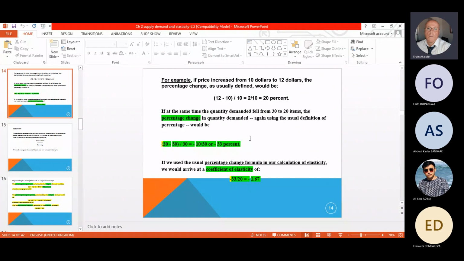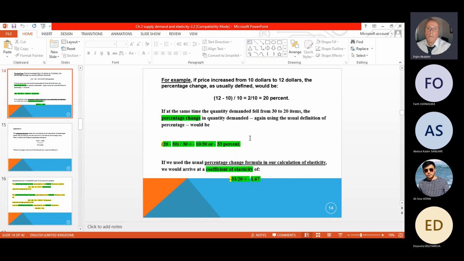The percentage change in quantity demanded, again using the usual definition of the percentage, would be 20 minus 30 divided by 30. Then this goes to minus 10 divided by 30, which is minus 33 percent.